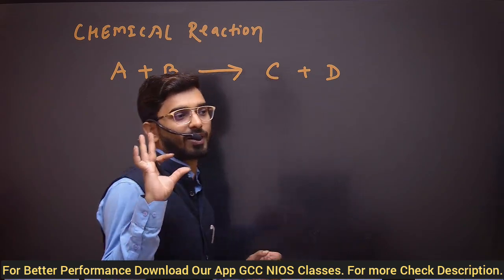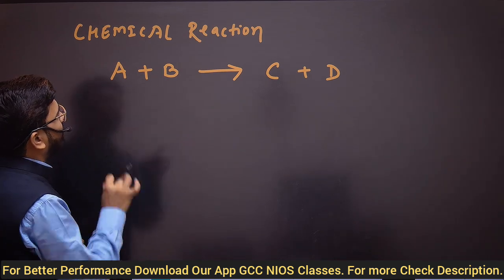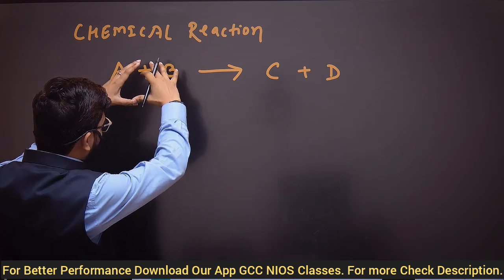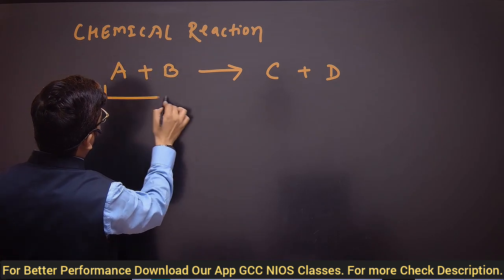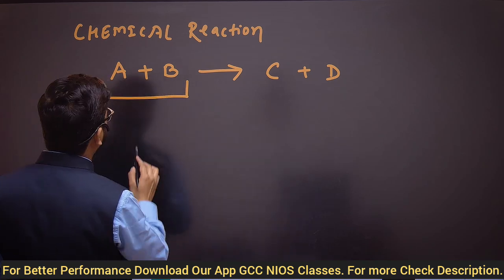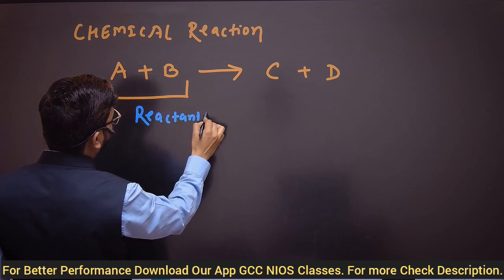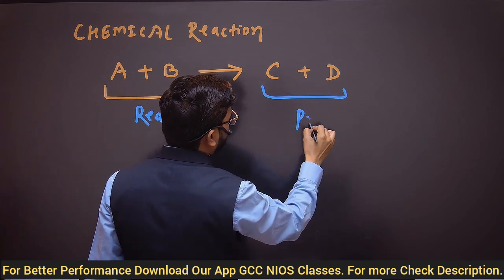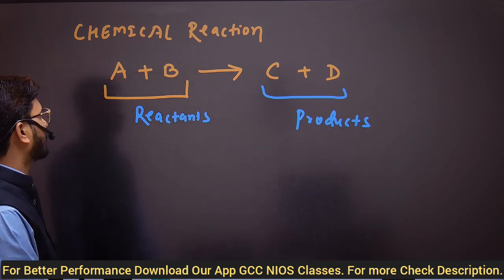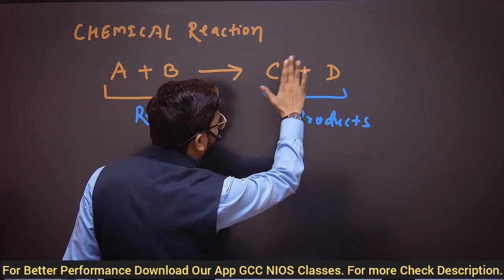It's totally different from others. But the basic common thing in every chemical reaction is that the substances that combine are known as reactants, and these will be known as products, right?